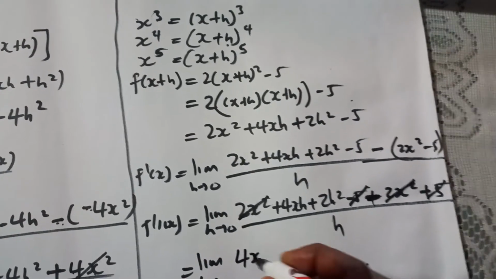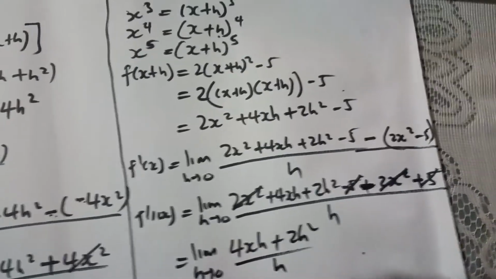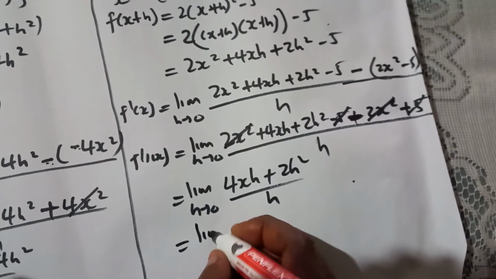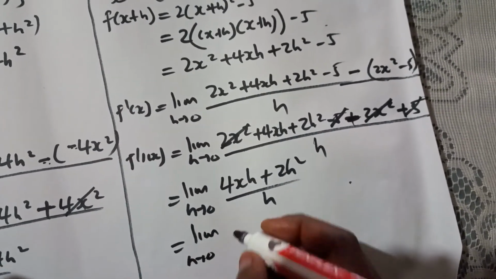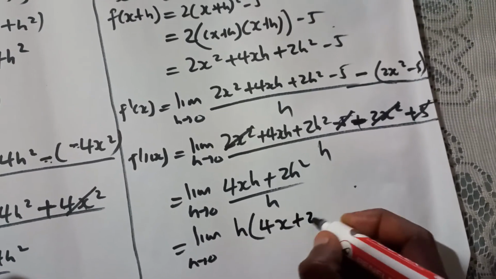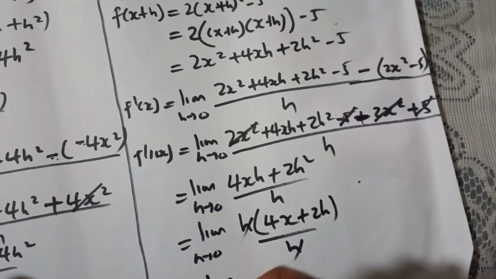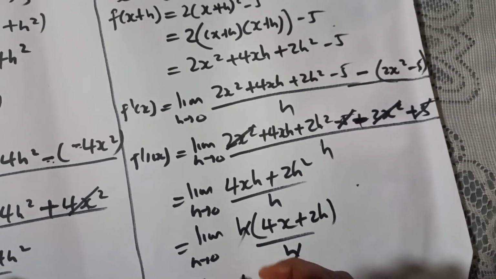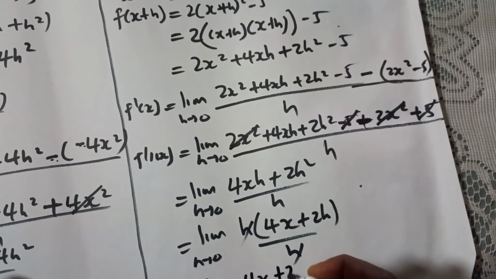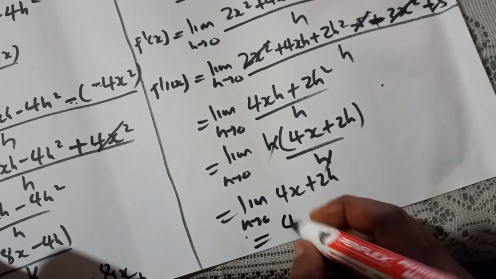So you're left with 4xh plus 2h squared all over h. So we factor h out. We are left with 4x plus 2h over h, and so the limit as h approaches 0 of 4x plus 2h. We substitute the value of 0 where we see h, we are left with 4x.